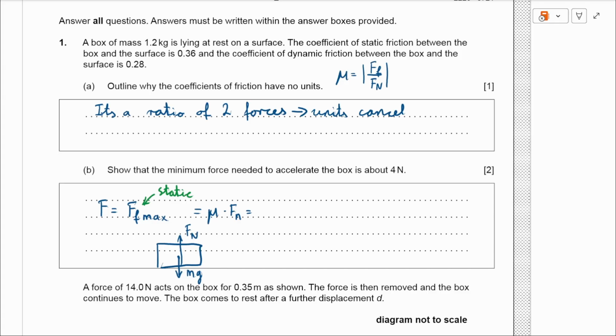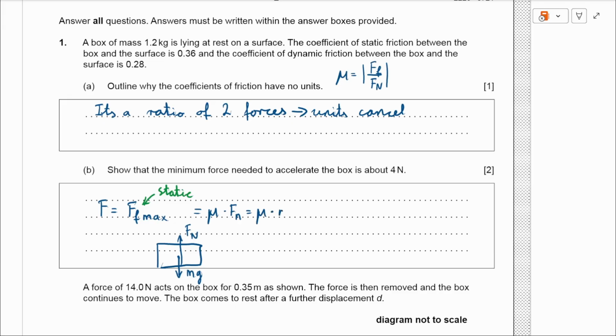If you haven't seen an example like this, the normal force is not always equal to the gravitational force. For example, if we have an incline and we have a block on it, then there's a different way of determining the magnitude of the normal force. That's why I'm saying that here, Fn equals mg, because vertically there's no net force.